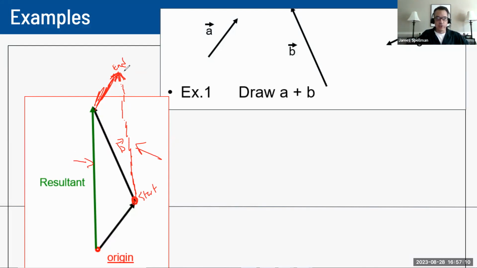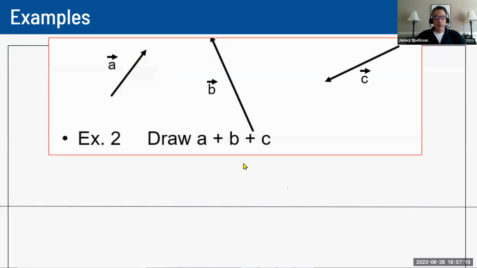You can see that it still should be going up, and it's approximately the same length. So it doesn't really matter which one you start with. Your resultant vector should be the same length and in the same direction.